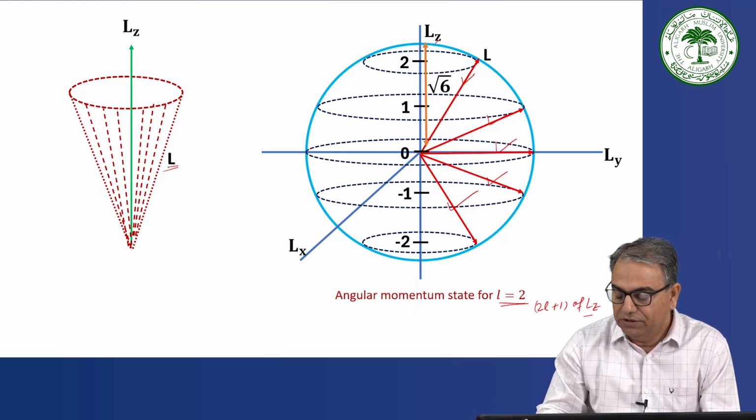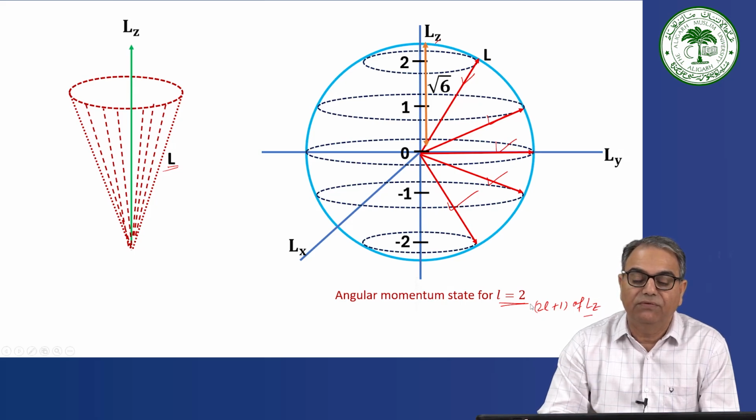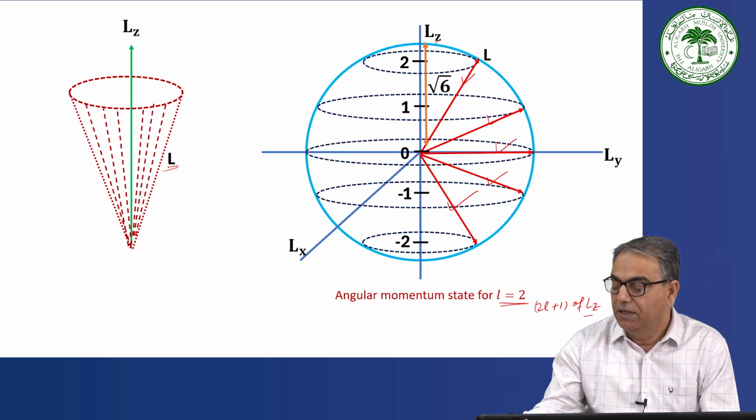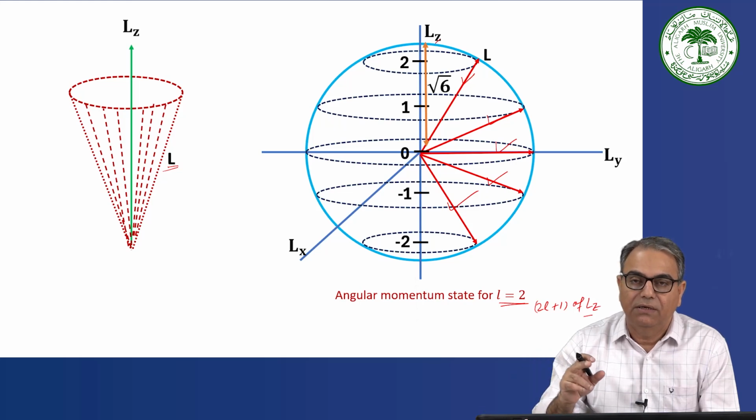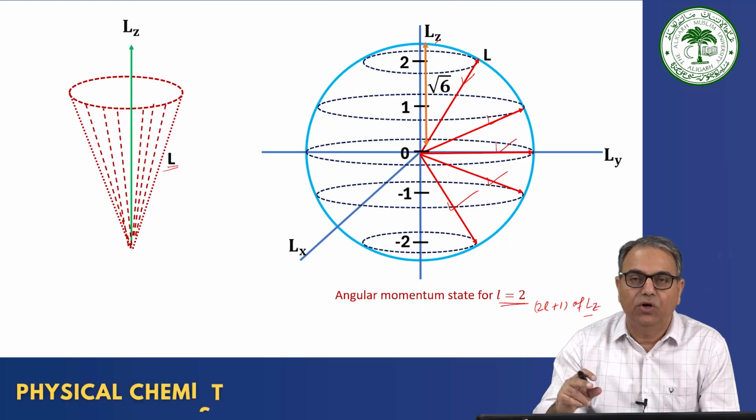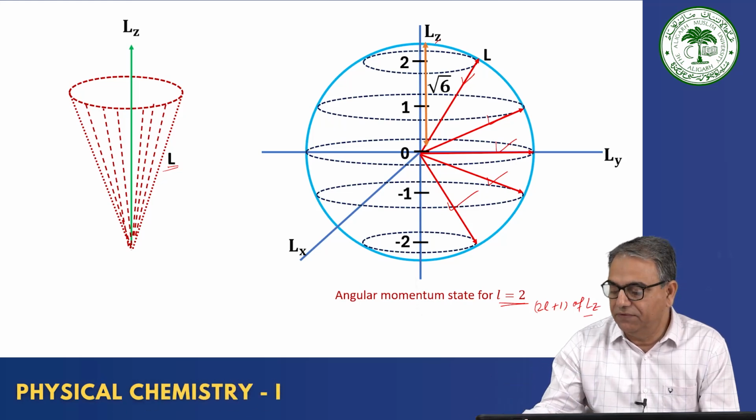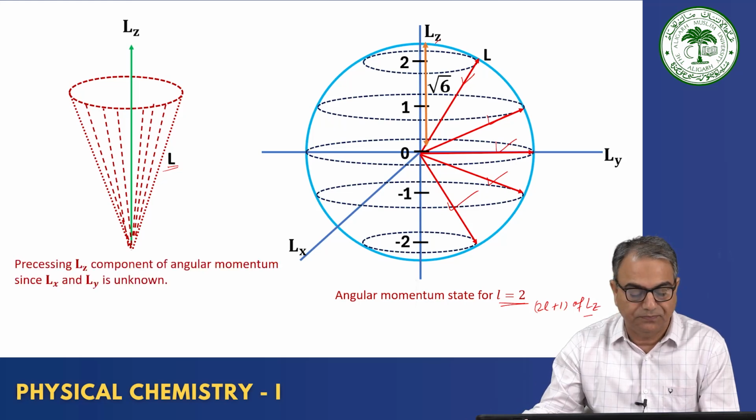So this is the physical significance of the values which you obtain from the operation of Lz and L square. On Lz you operate on phi functions, and L square you operate on spherical harmonics functions. This also leads to space quantization.